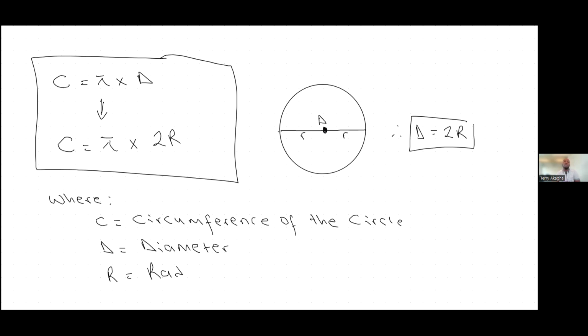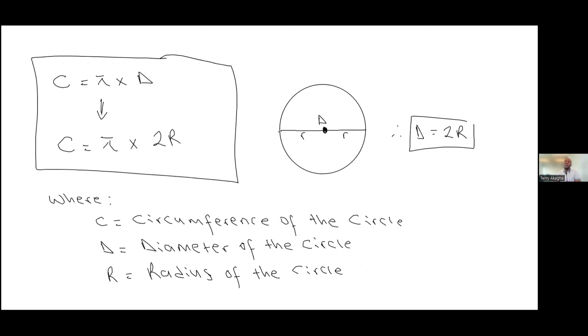Given the particular formula, we determine what to use. This is the radius of the circle, or you can say the diameter of the circle.